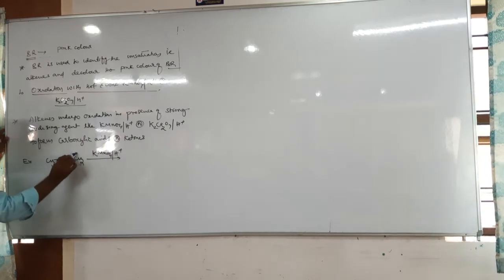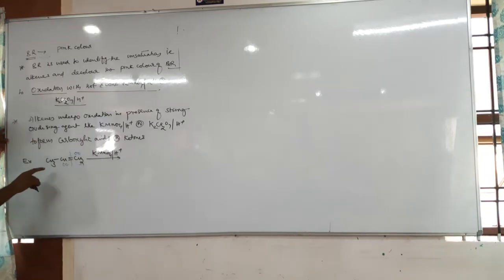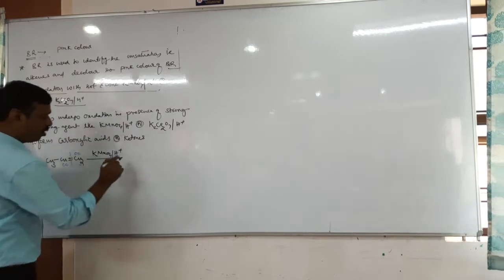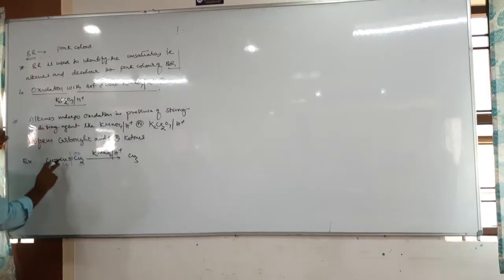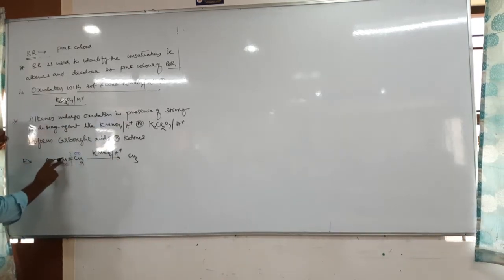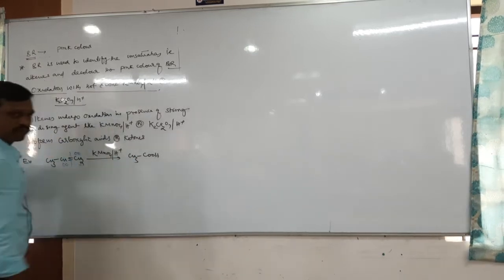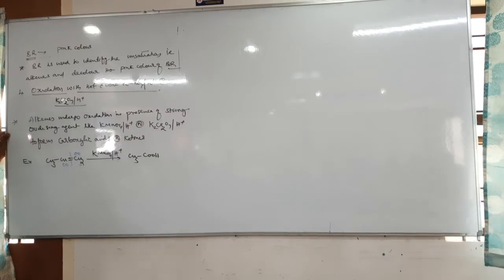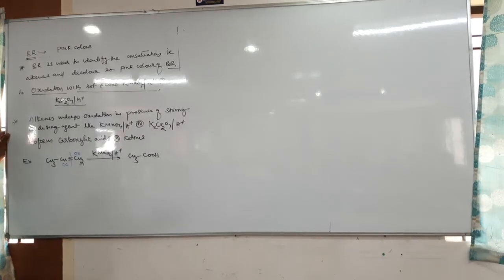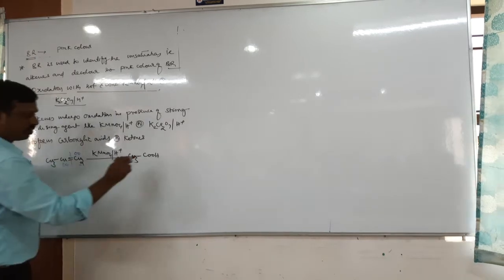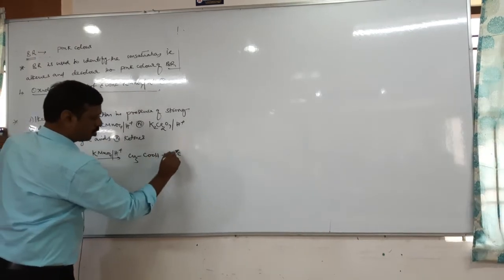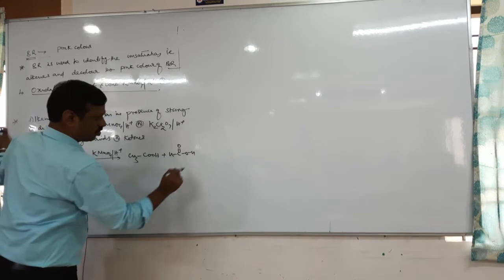Here also 2 oxygen. So CH3 stays the same, then it is a C, H is already there. Now it becomes COOH. In this oxidation, 2 oxygens are added to each carbon. Now here, H C double bond OH.